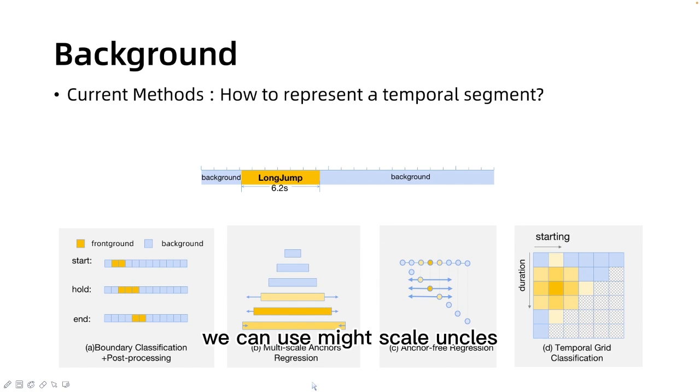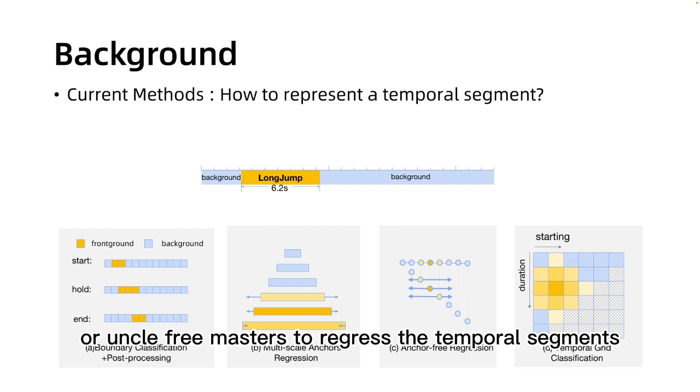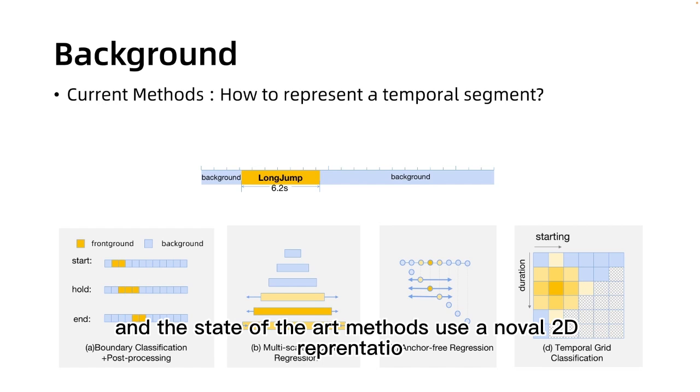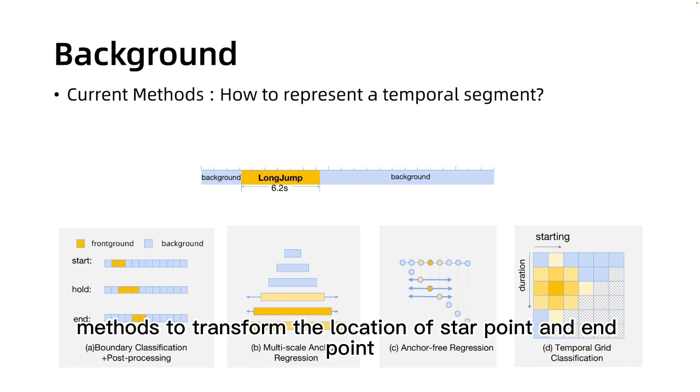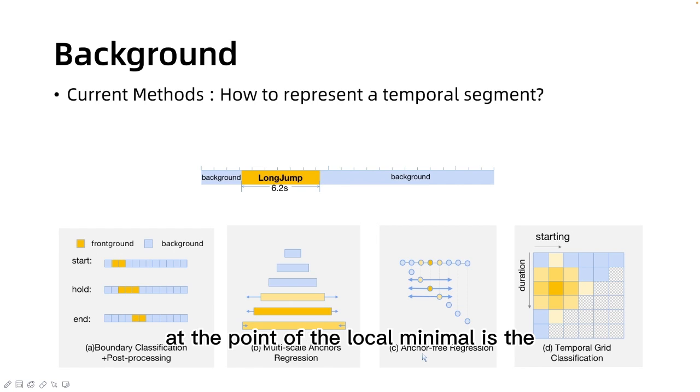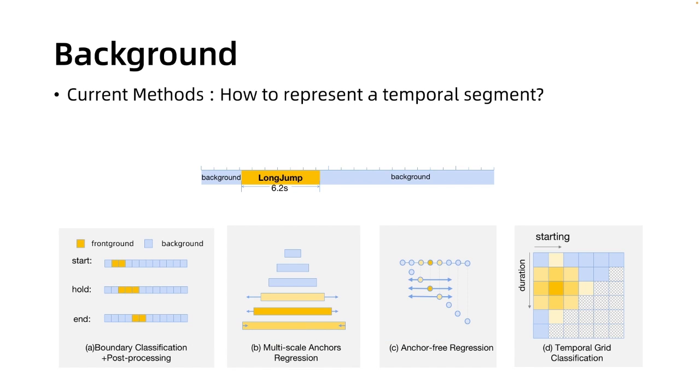For example, we can use multi-scale anchors or anchor-free methods to regress the temporal segments. And the state-of-the-art methods use a novel 2D representation method to transform the locations of start point and endpoint into a 2D heat map. And the point of the local maximum is the temporal segment we want.